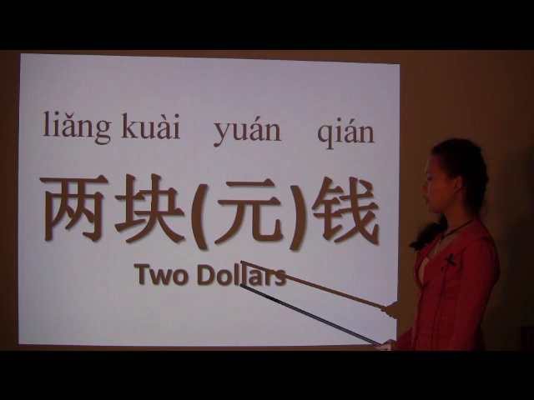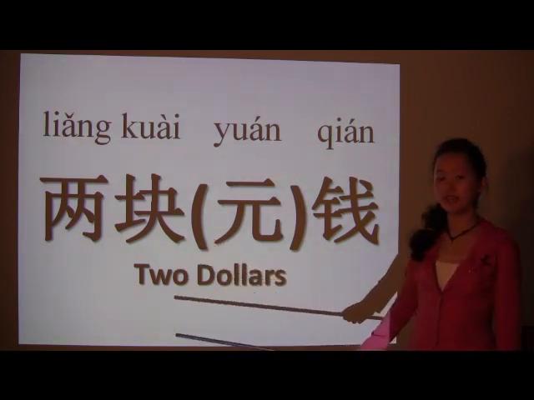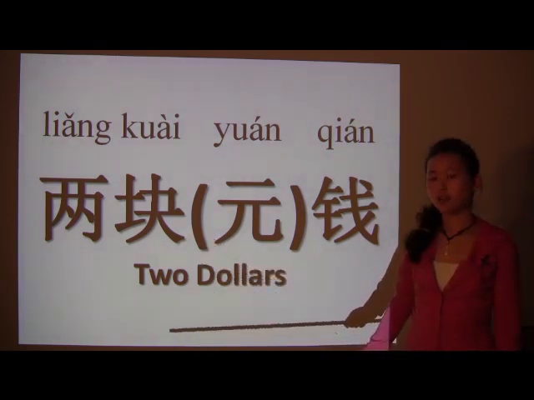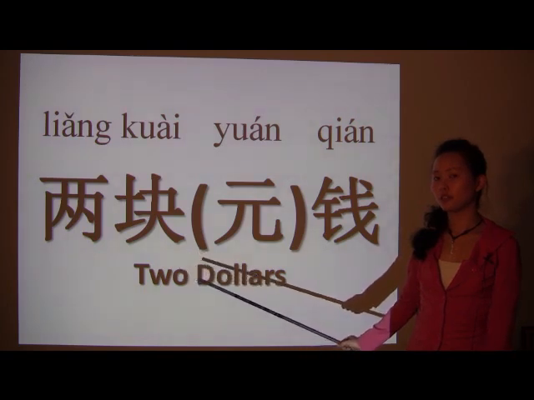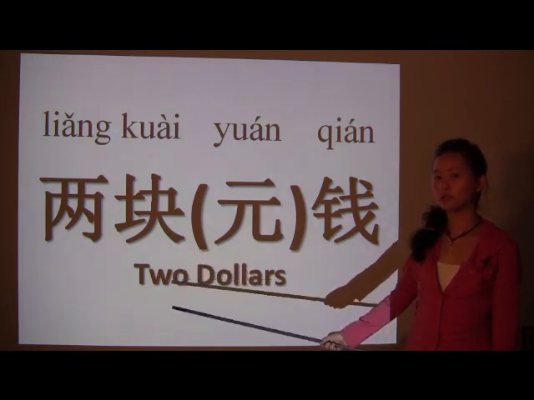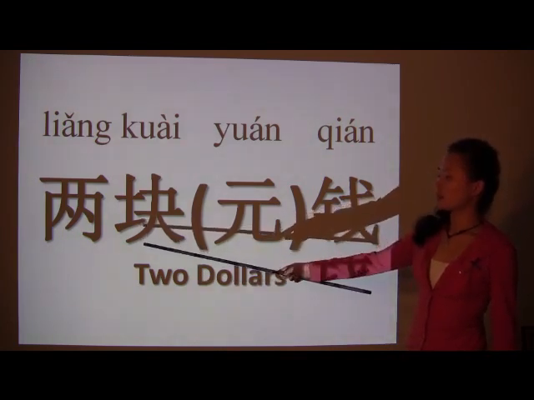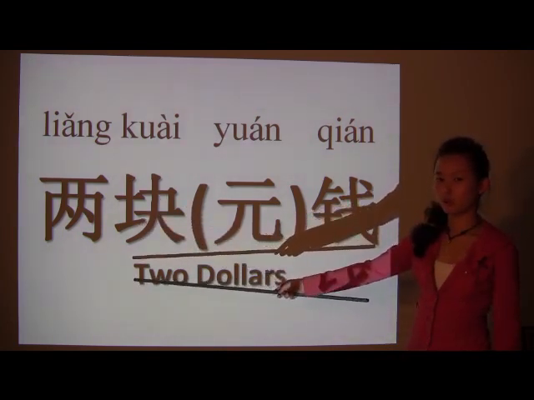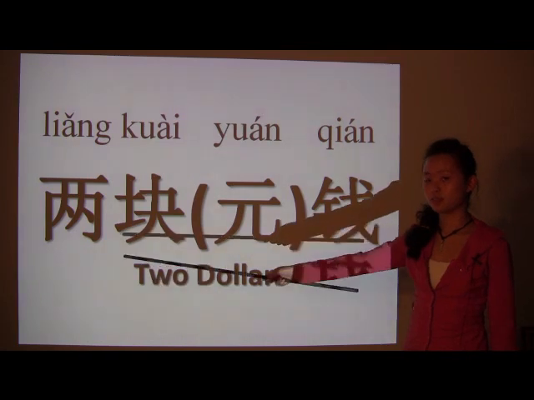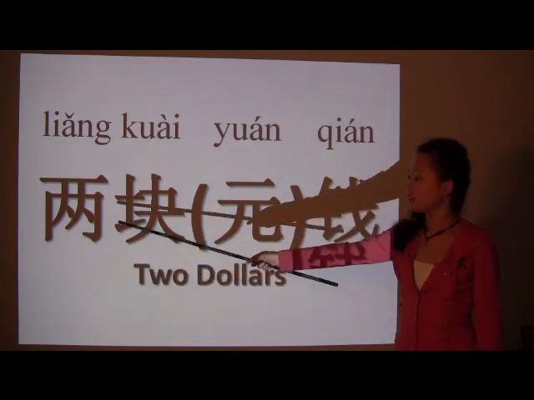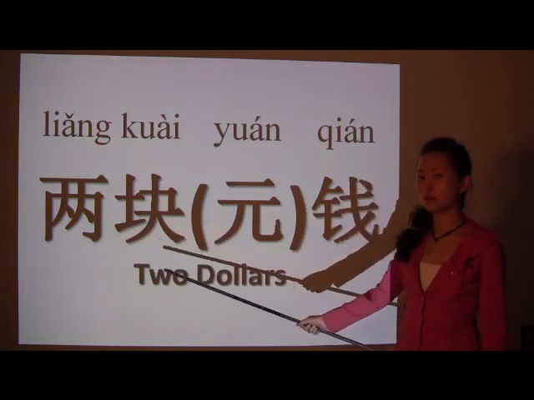Now, you can use 1 through 10 like I taught before for things, but for the dollar, you can't use the usual 2. 两 comes up quite frequently, and this is one of the forms where you must use this version of 2, 两, and this is only for dollars.